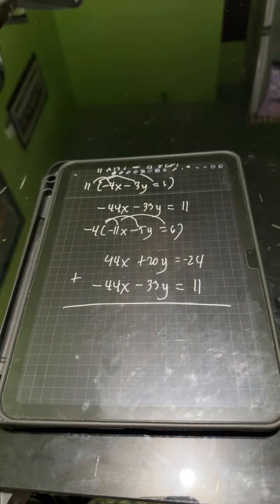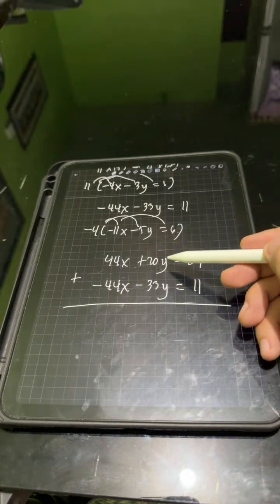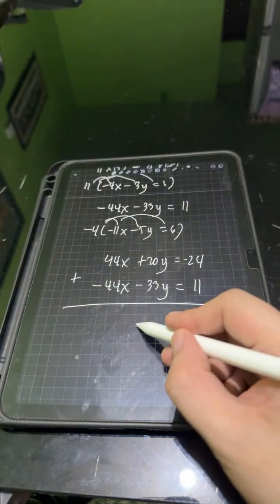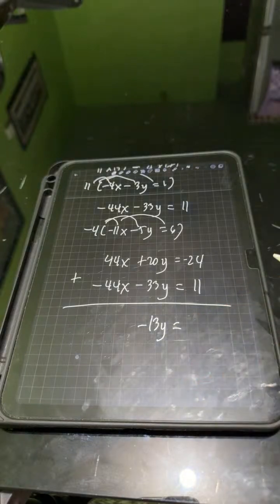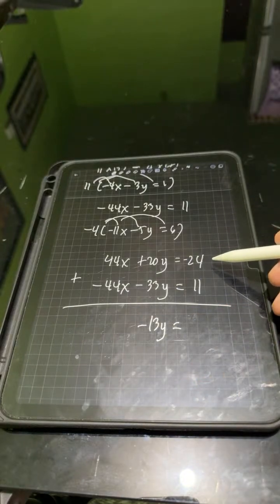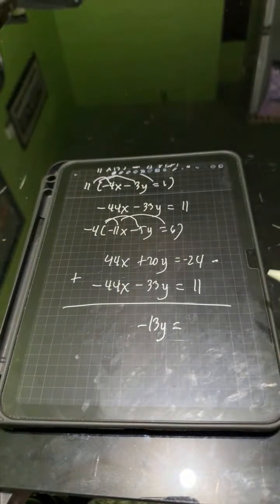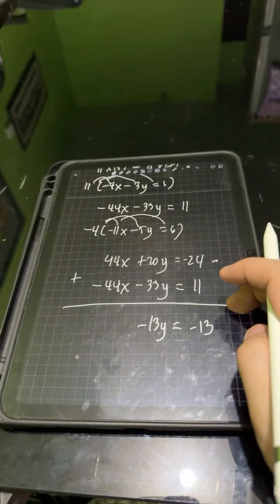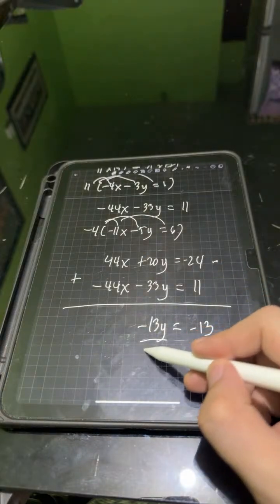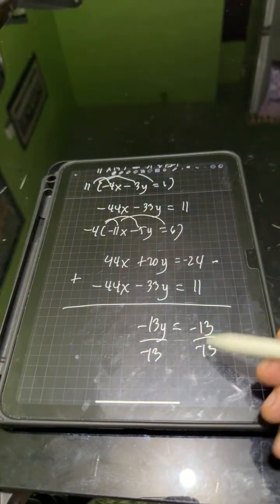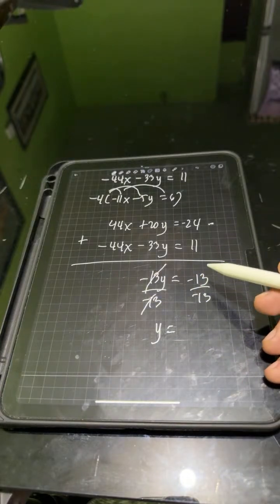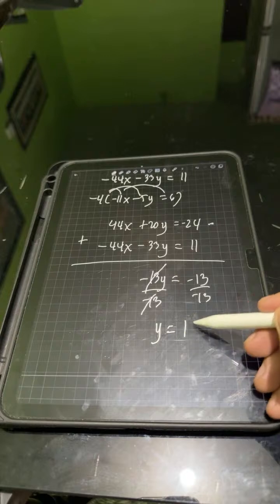Then for y, 20y plus negative 33y, that's negative 13y, right? Then for the constants on the right side, negative 24 plus 11, that's negative 13. So if we divide both sides by negative 13, we have the value of y equal to negative 13 over negative 13, or positive 1.